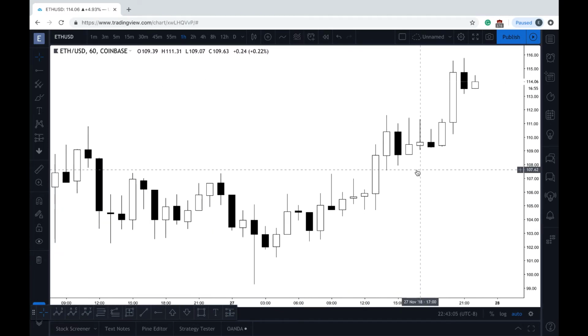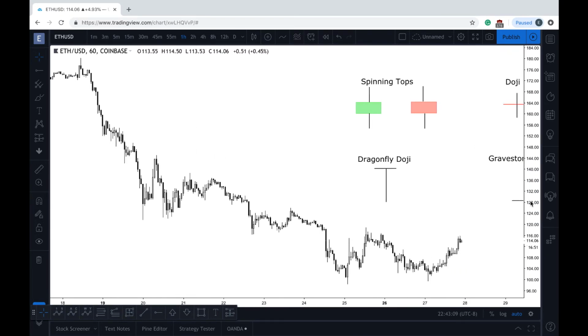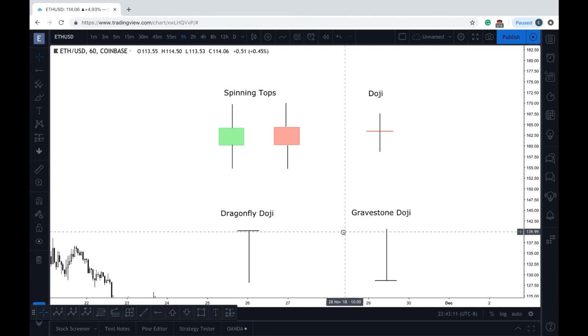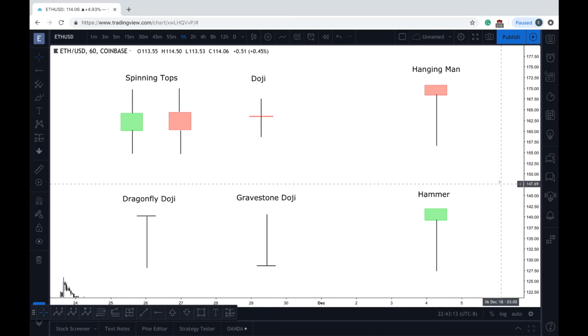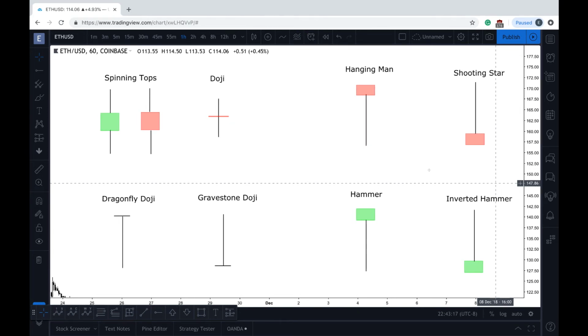So now that you get a basic grasp on those, let's talk about some of these candlesticks that you can keep an eye out for on some charts. So first we have spinning tops. A spinning top can represent a reversal, but basically they show indecision, right?